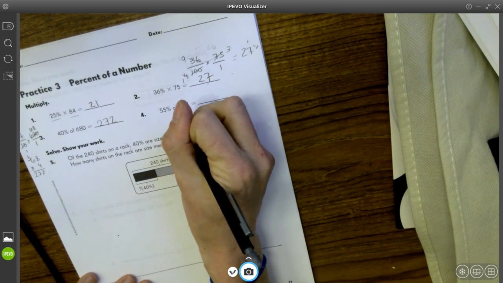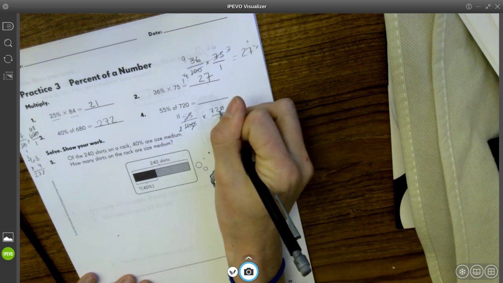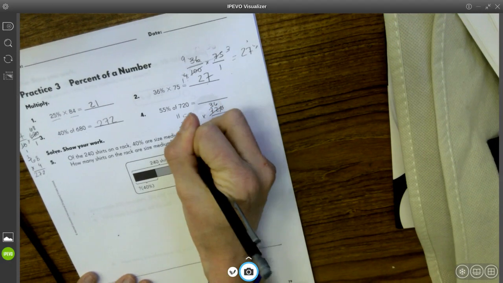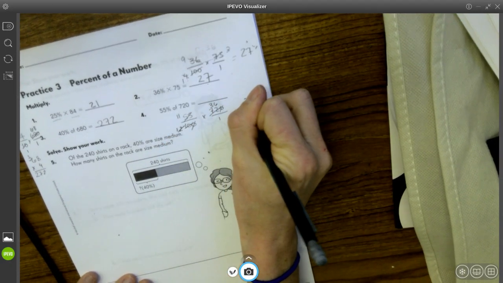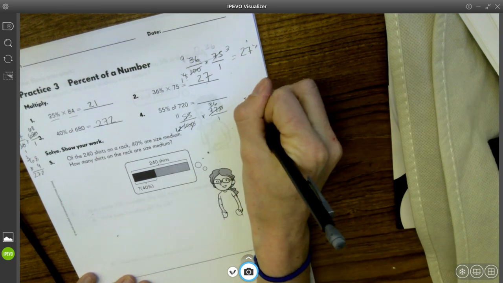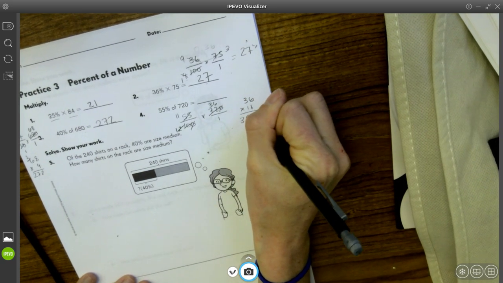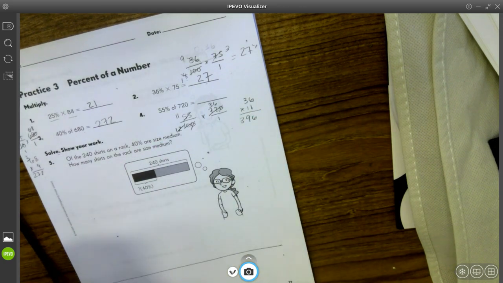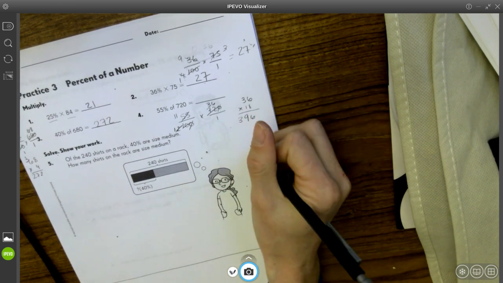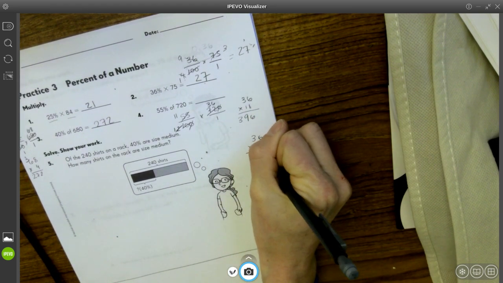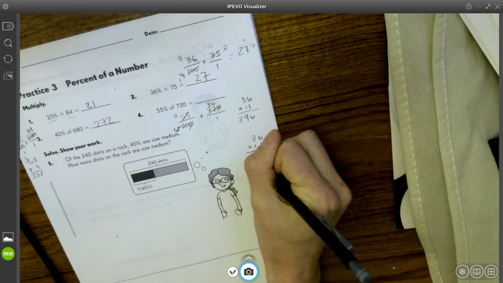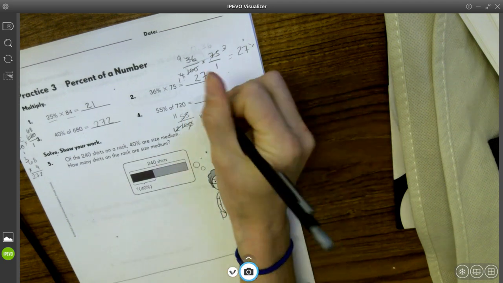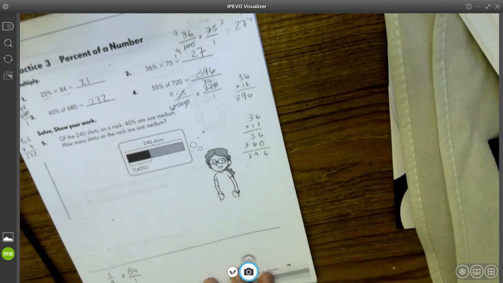Divide by 5 is 11, divided by 5 is 1. 72 divided by 2 is 36 and 1, so 36 times 11 should be 396. 36 times 11, let's just do it to check. Yep, 396. Excellent.